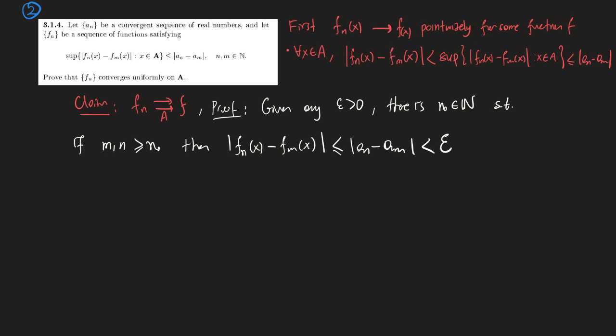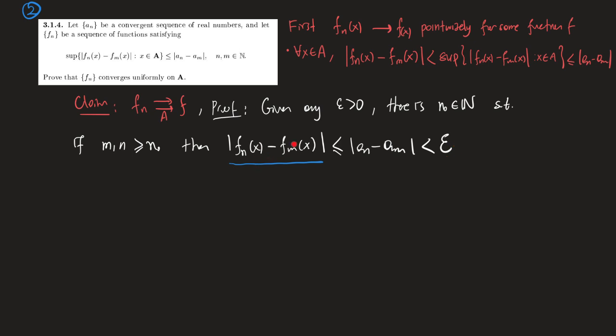Now I'm going to take the limits of both sides, or just the left-hand side, because this epsilon is constant. It is fixed at the beginning, so it is a fixed value.